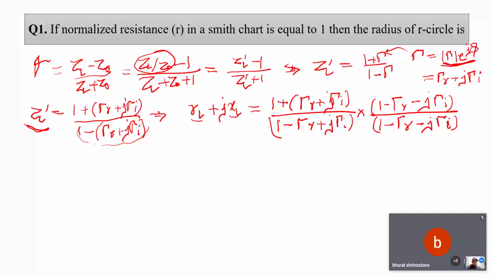You can simplify this by yourself, so I am directly writing the expression we will get after solving this equation.